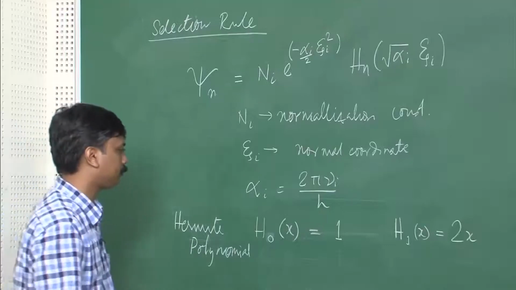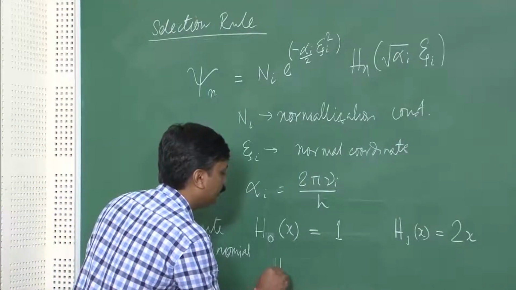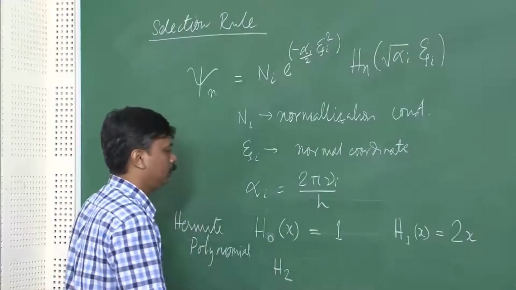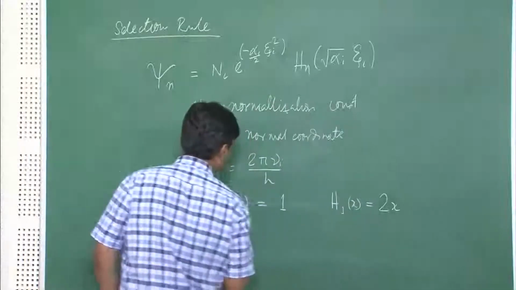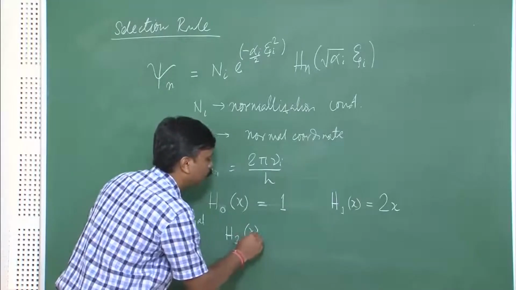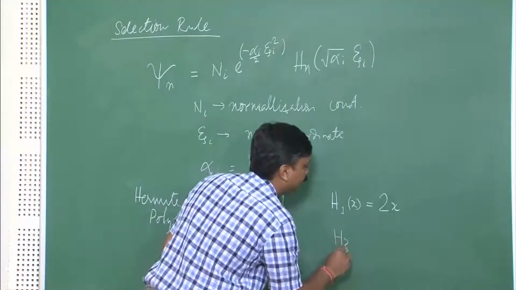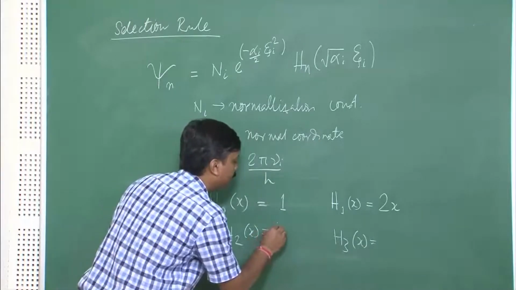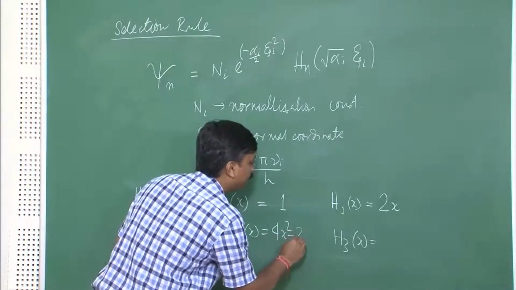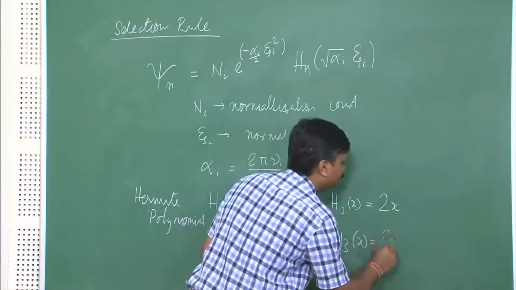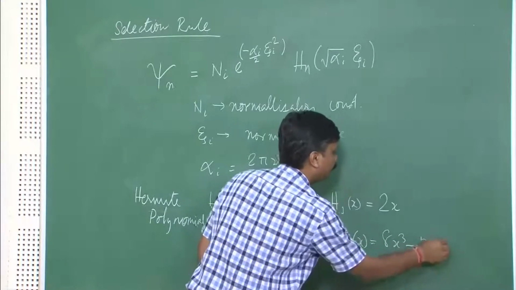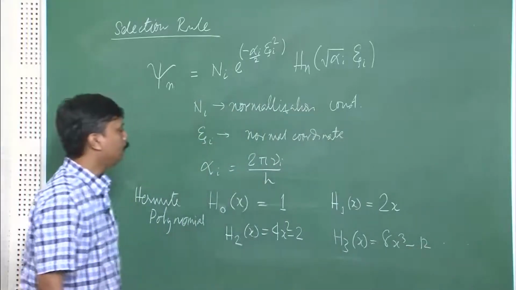So then H2, similarly I can write for H2 and H3 and so on. So this gives me a value of 4x square minus 2, while this gives me 8x cube minus 12x, and so on.